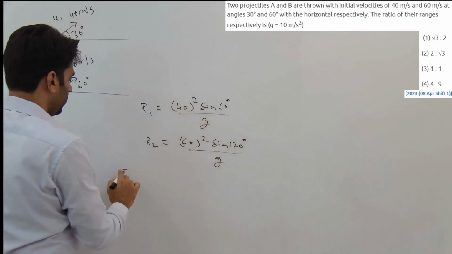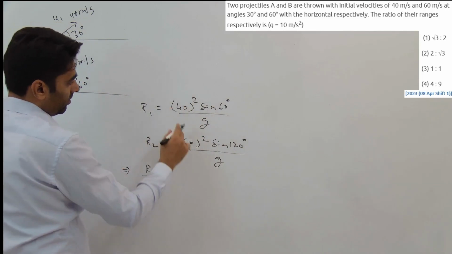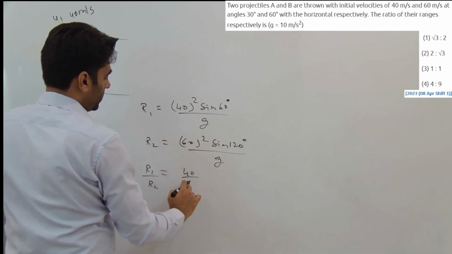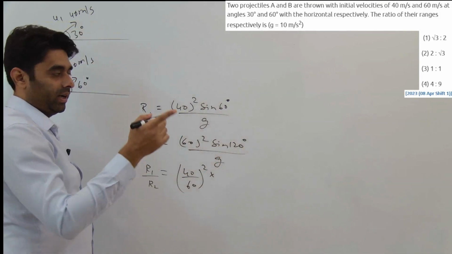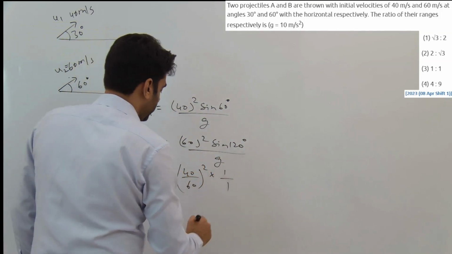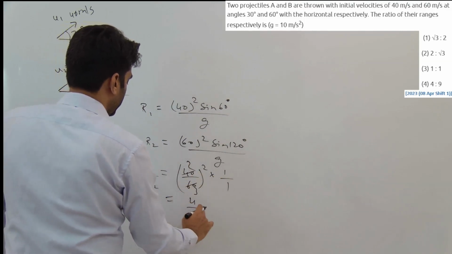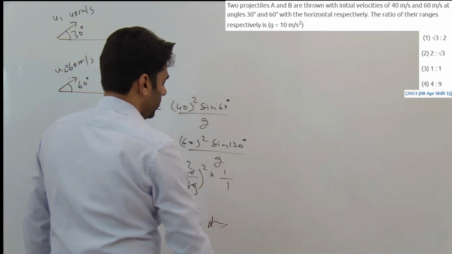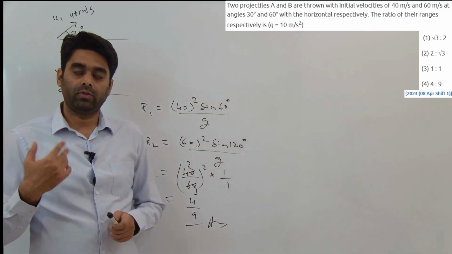If we take the ratio R1 by R2, we get 40 by 60 whole square into sine 60 by sine 120. Sine 60 is root 3 by 2 and sine 120 is root 3 by 2, so they cancel out, giving 1:1. This is 2 times, this is 3 times. Our answer will be 4 by 9. Which option is it? Option number 4. Let's look at the next question.